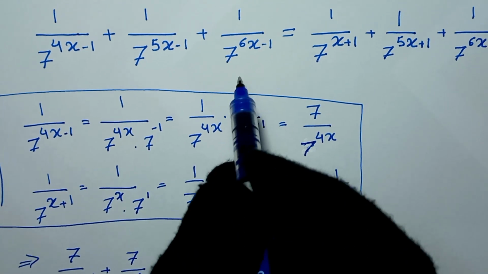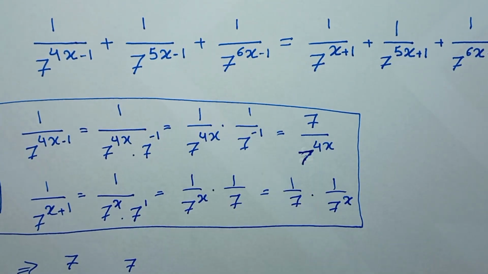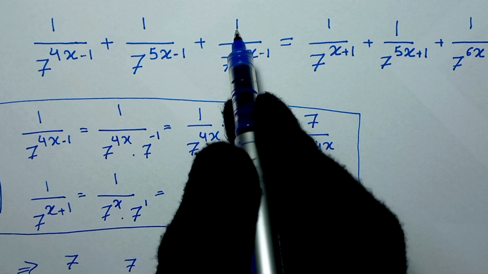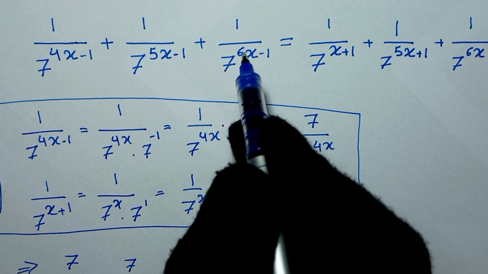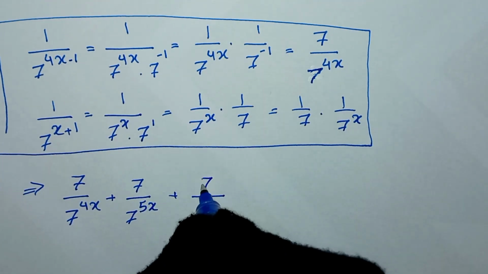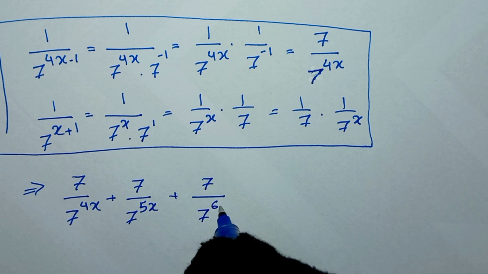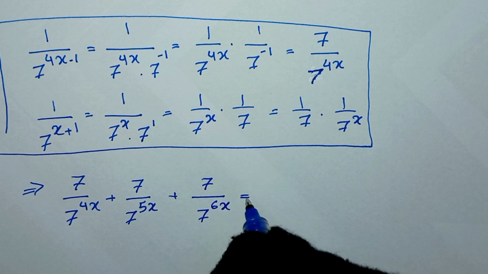Also, for this fraction, we can write this as 7 over 7 to the power of 6x, right?